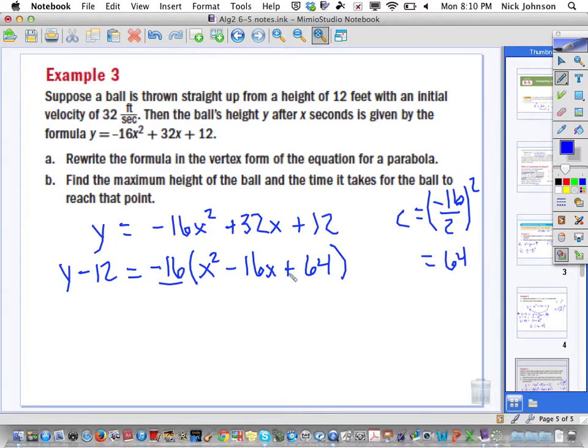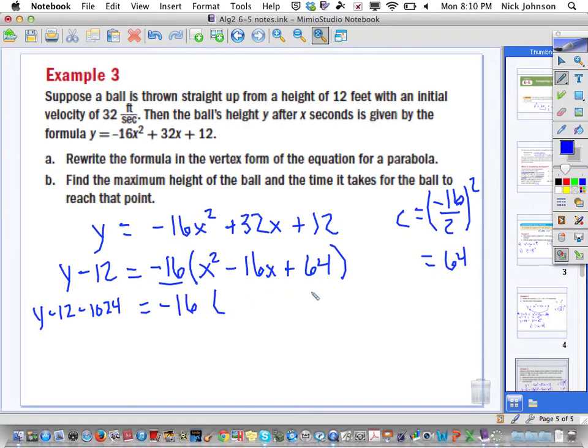Yeah, I didn't just add 64. This is very important. You all need to pay attention. I didn't add 64. What I added was a negative 16 times 64, which is actually a negative 1,024. So if I subtract 1,024 on this side, I have to subtract 1,024 from this side.